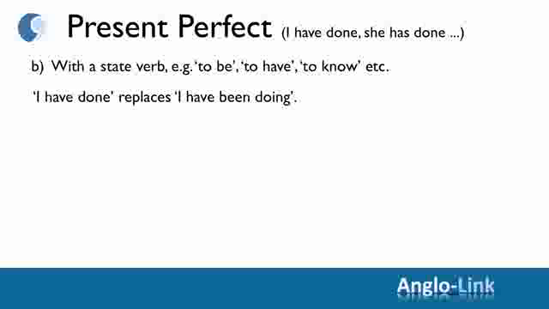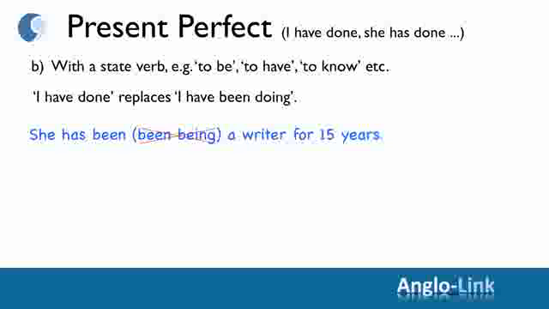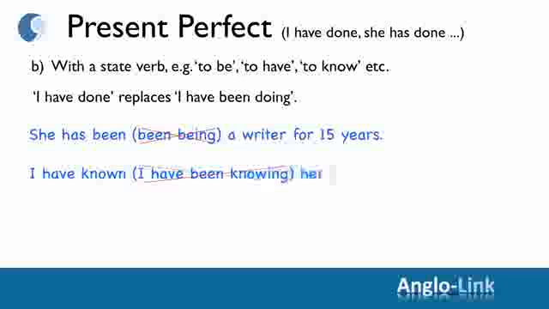For example, she has been a writer for 15 years, because we can't say she has been being a writer for 15 years. Or, I have known her since 2010. Again, because know is a state verb, and we cannot put it in the present perfect continuous tense.